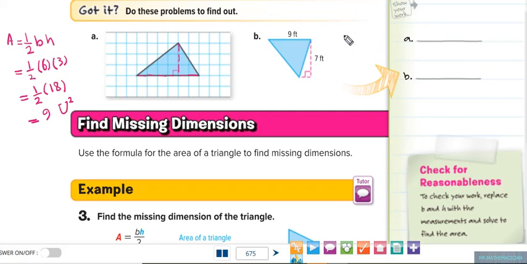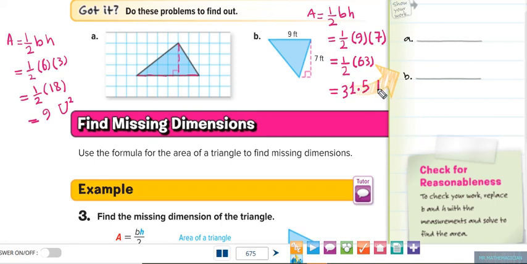What about this one? So I have here the base is 9 and the height is 7, so the same: area equals half BH equals half, the base is 9 multiplied by the height is 7, so this is half. 9 multiplied by 7 will give you 63, and half of 63 will give you 31.5.